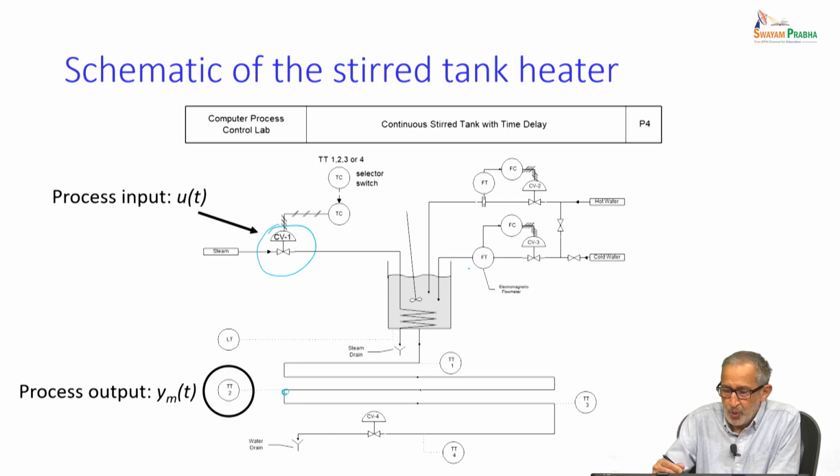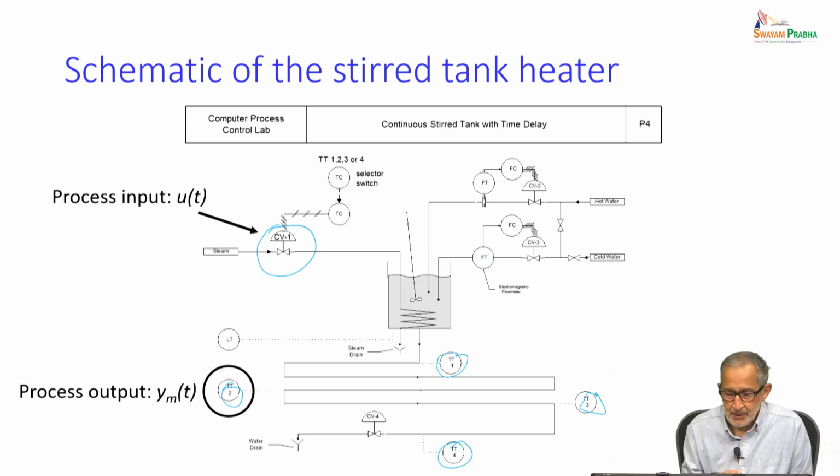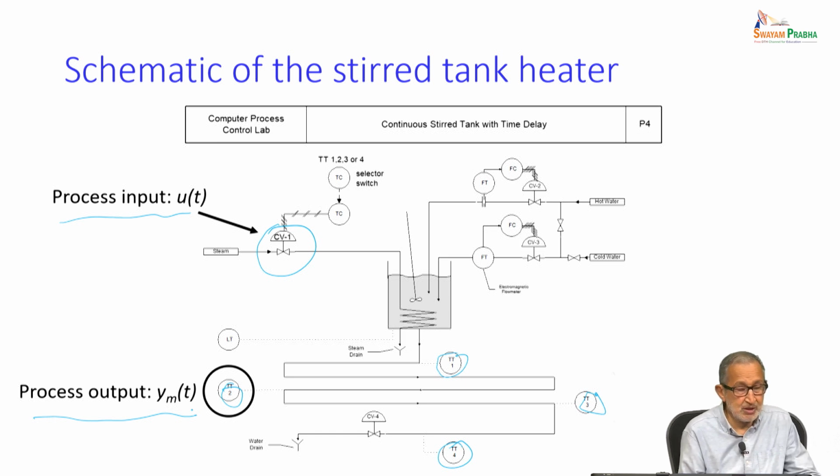We're feeding in cold and hot water into this tank. The level of the tank is well controlled, and we're measuring the exit temperature at several locations: at thermocouple number 1, number 2 here, number 3, and number 4. So the data streams that we have are the process input, the valve position, and the process output, which is the output of the thermocouple.